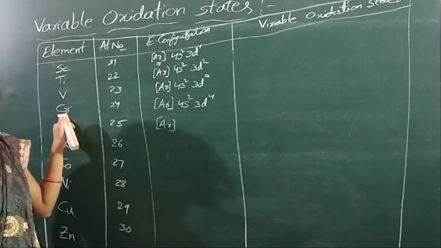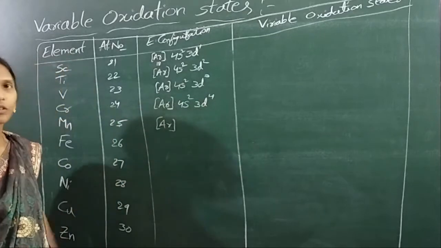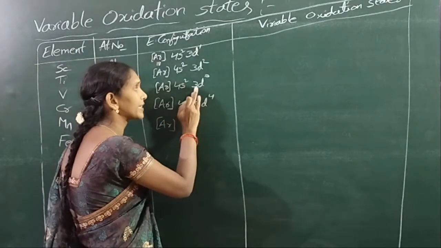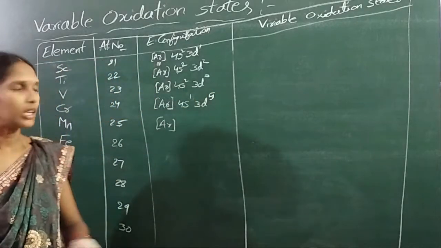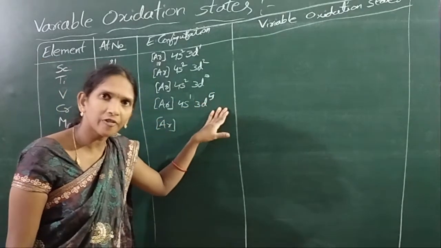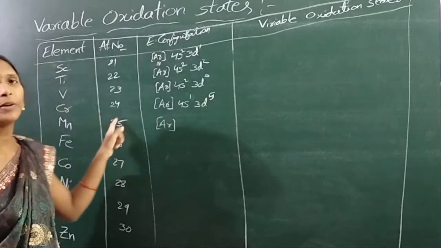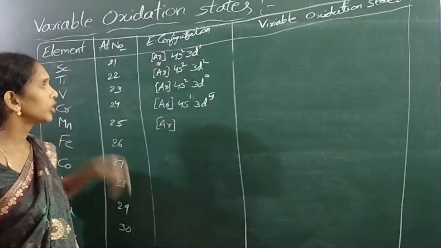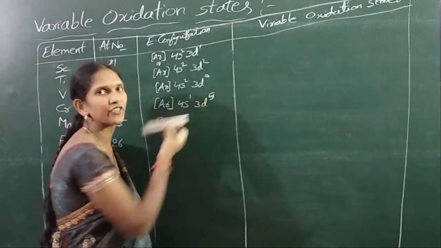Here the chromium electronic configuration is 4s1 3d5. Here one electron is excited. Why? If the orbital is half filled or completely filled, then that particular element is more stable, so the electronic configuration exists in this way.